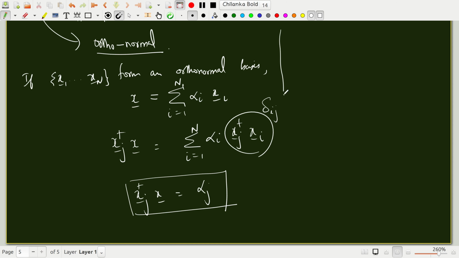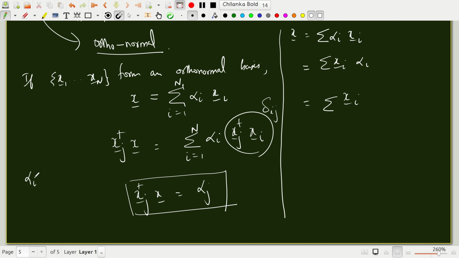Okay, now I have told you that x is, where the xi's are an orthonormal set, alpha i xi. I can also write this as xi alpha i, but what is alpha i? We just found alpha j, so you can write alpha i is nothing but xi dagger x.